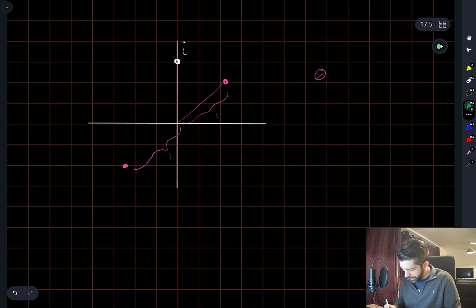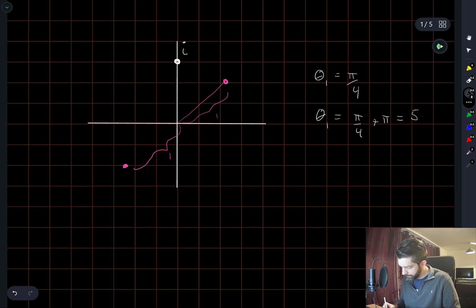And the two angles, well, one angle is going to be pi over 4, like I said. And the other one is going to be pi over 4 plus pi, which I suppose comes out to be 5 pi over 4.